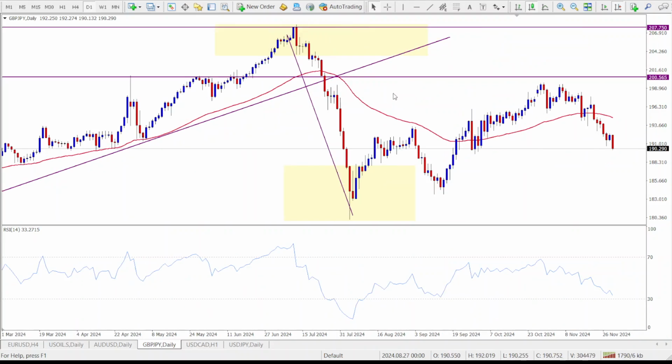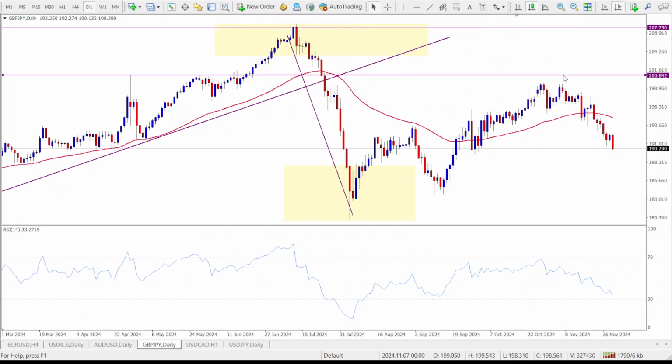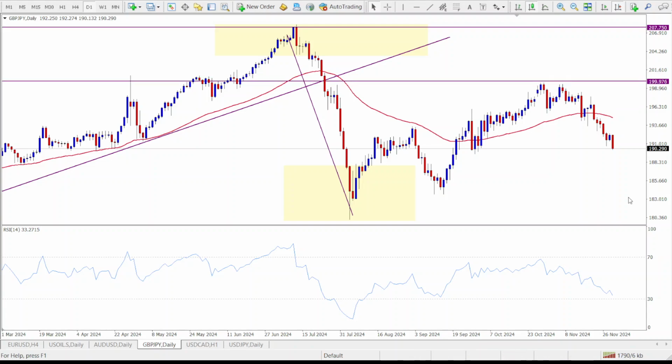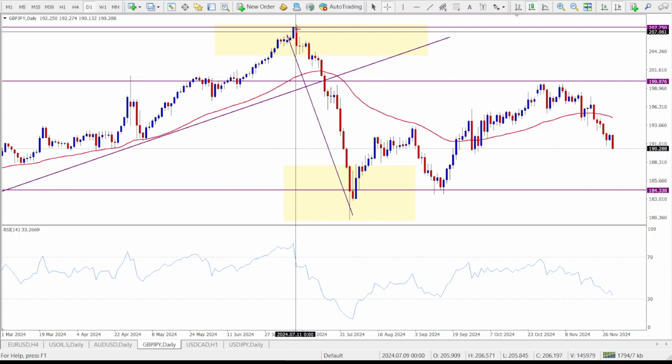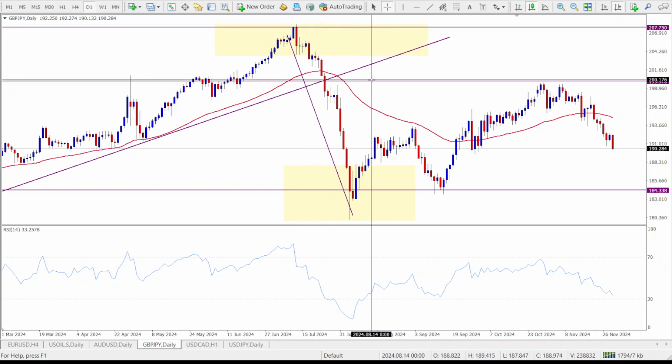Can you see? When you have these resistance and support levels in place, when the RSI gives you a signal, they are going to serve as confirmations. For example, look at here. The RSI gave us a sell signal, and at that point, the price was bouncing off a resistance. So that gave us a confirmation.